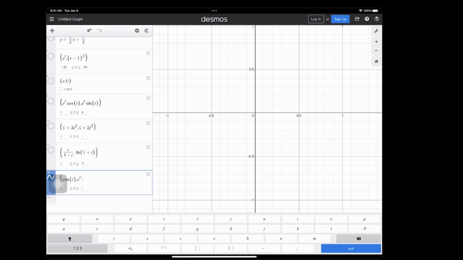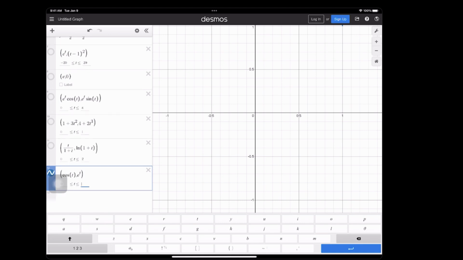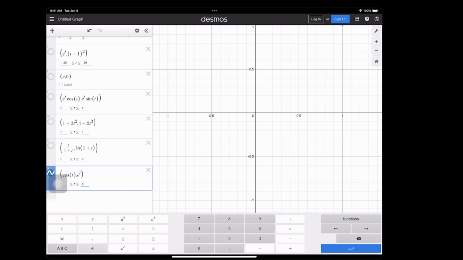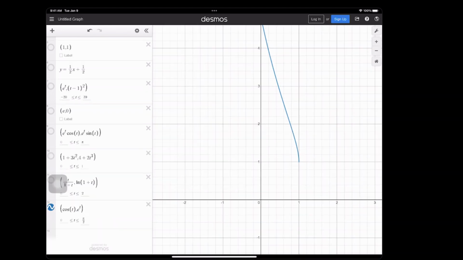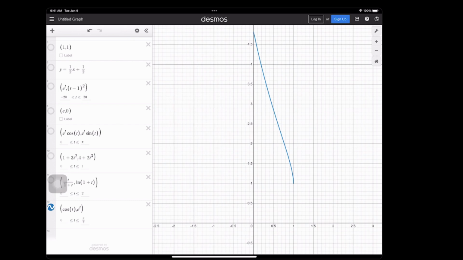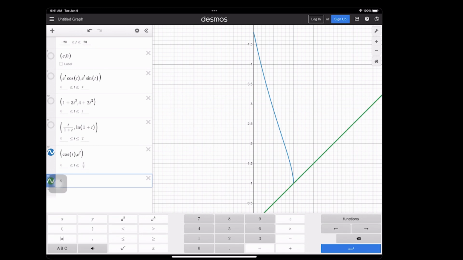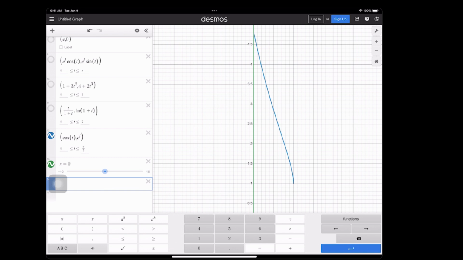Was it pi over 2? Yeah. Okay. Now, x equals 0. And y, is it y equals 1?